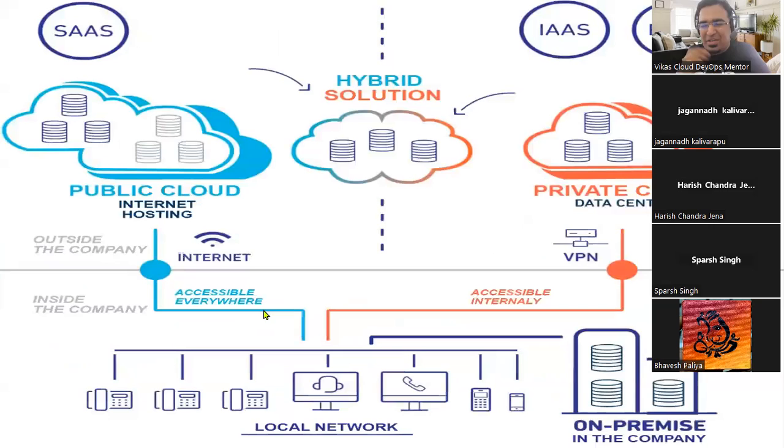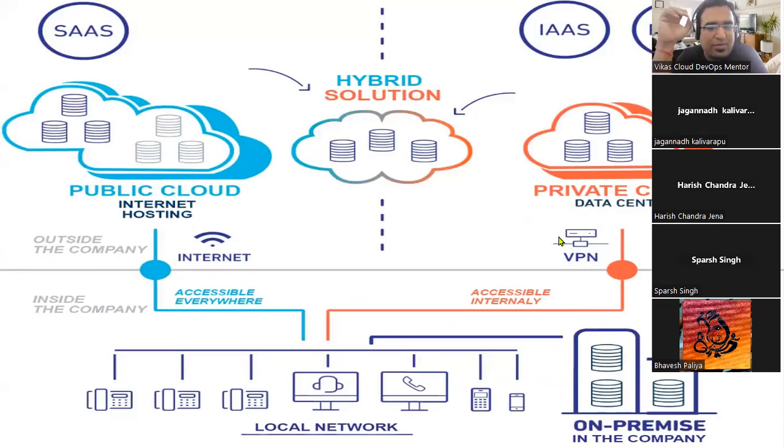Okay, now a little bit more. The cloud which is accessible over the internet primarily, we can call a public cloud. The cloud which is privately available somewhere, if you want to access it from your organization, you need a VPN connection.